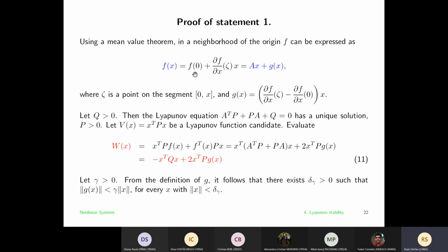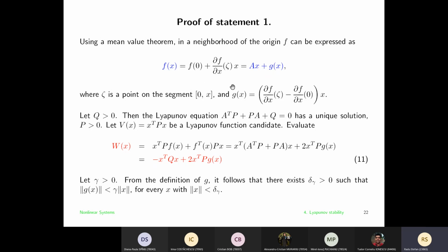So you mainly develop in series, but here instead of writing the first order term in the Taylor series where A comes into play, you take a mean value theorem and you write an exact expression for f, where zeta is a point on the segment 0x. And what did we do? f of 0 is 0, so this term does not count.